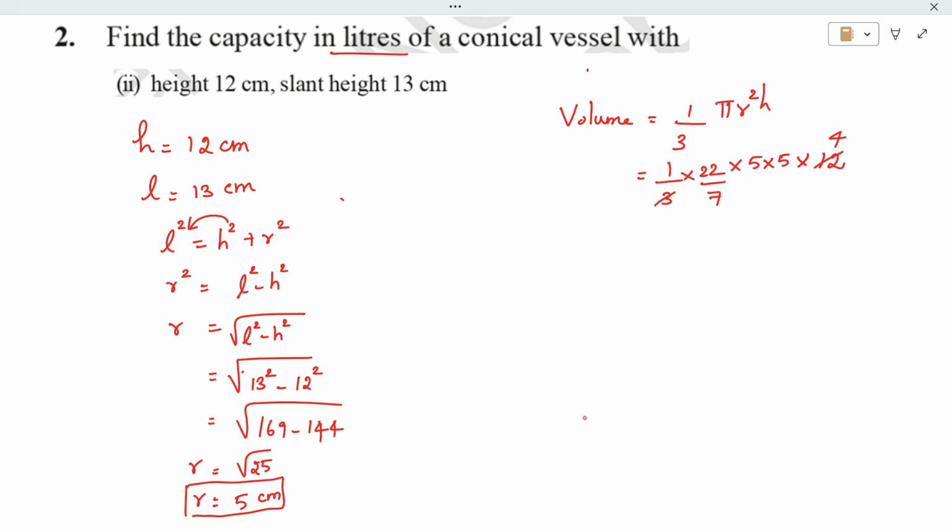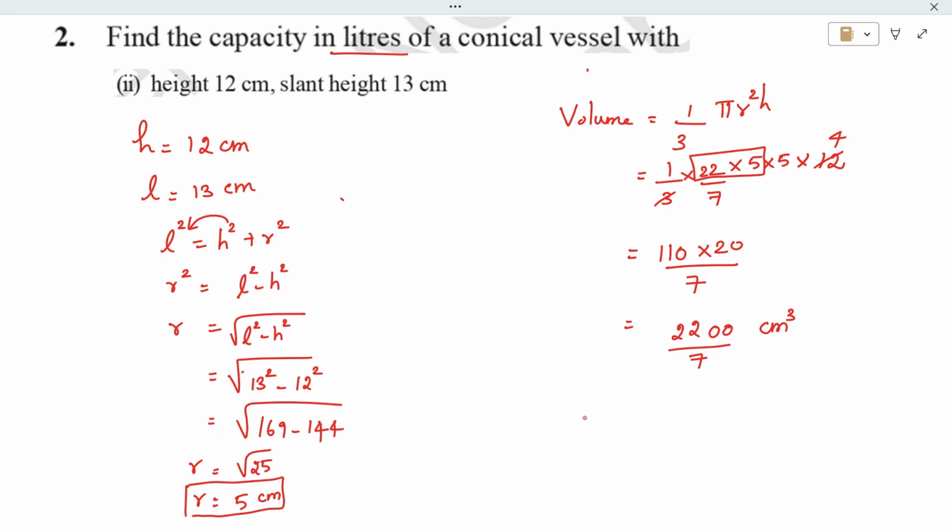And there are no other possibilities, right? So I have to multiply. I'm going to multiply 22 times 5, so it is going to be 110, and 5 times 4 is 20, divided by 7. So there are two zeros, write the two zeros down. So 11 times 2 is 22. So 2200 divided by 7 and it is in centimeter cube.